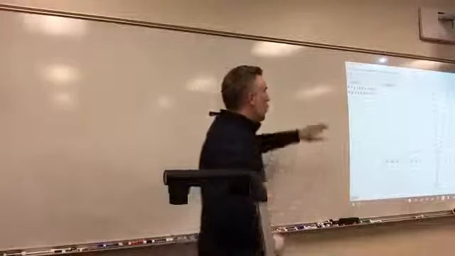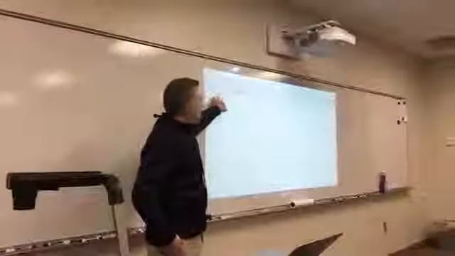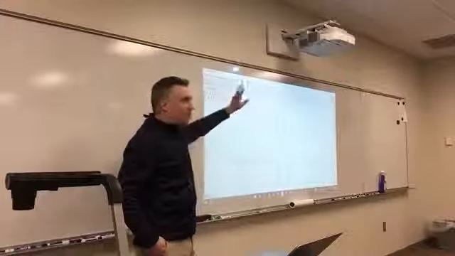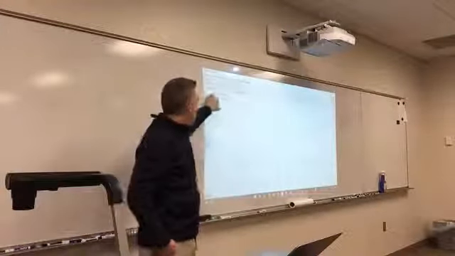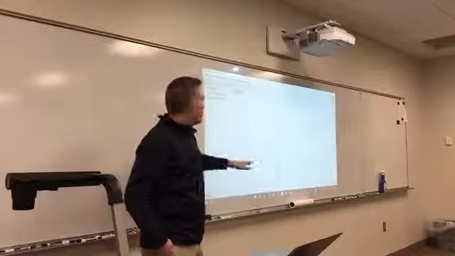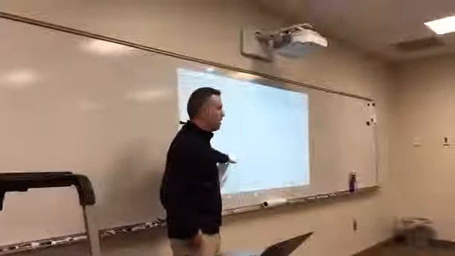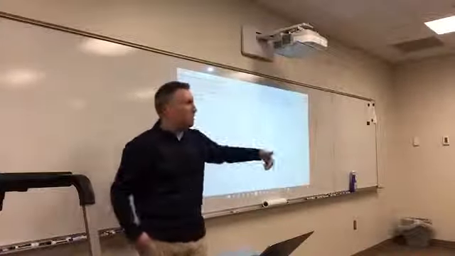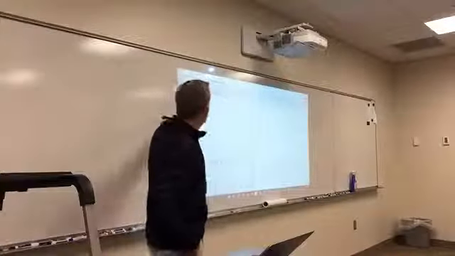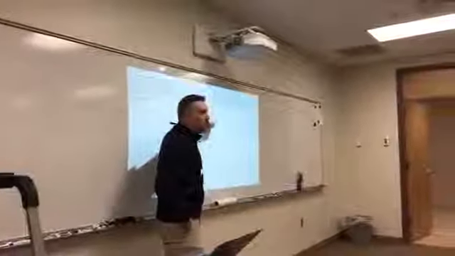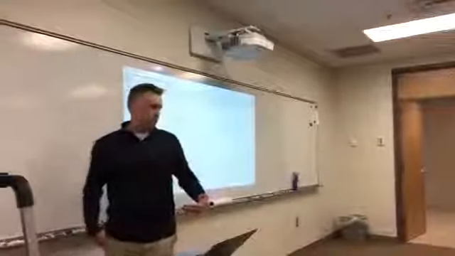If you just look at one equation, there's an infinite number of x and y combinations that go on that one equation because the line goes forever. So it's like saying how many points are on this line. Well, there's an infinite number of points on that line. And if I go to my second one and I say how many points are on that line, there's an infinite number of points on that line.